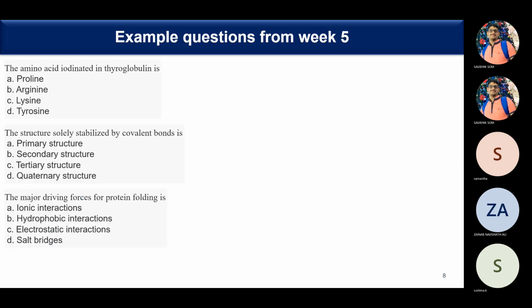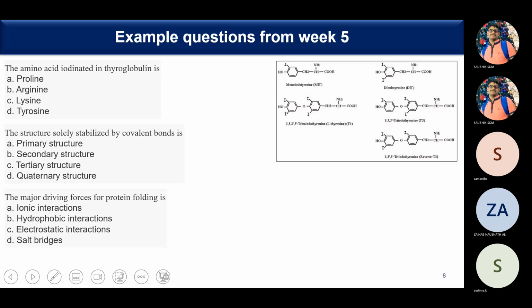Okay, the amino acid iodinated thyroglobulin. Again, I don't think I have to explain this. Thyroxine is made from diiodotyrosine. As you can see, first it will form a monoiodotyrosine. This is a tyrosine molecule.